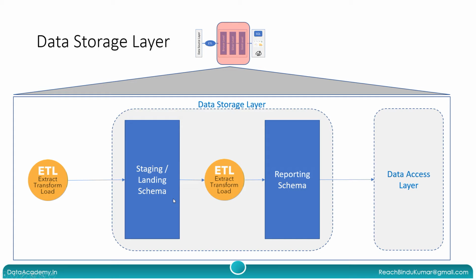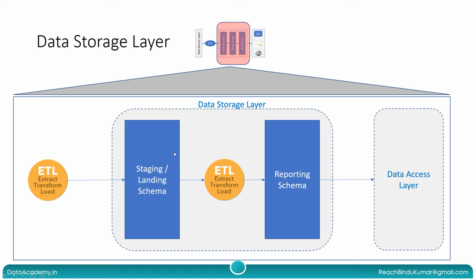Once this data is stored here, then through ETL or some other mechanism, you move the data to the reporting schema. So what's the difference between a staging and a reporting schema? In a reporting schema, your data is processed, enriched, and standardized. You have business rules that are applied. There are various rules and transformations that your data undergoes, and finally you have your reporting schema.